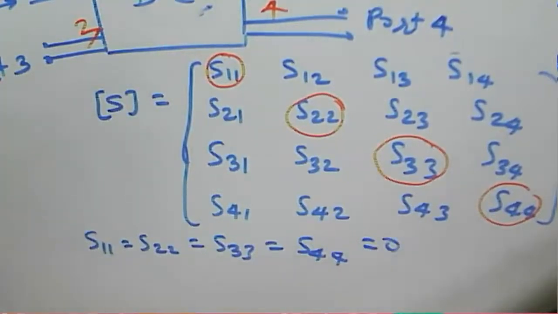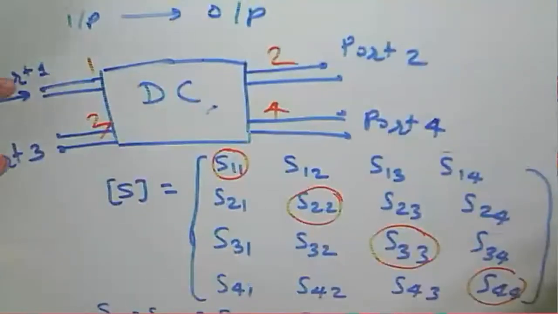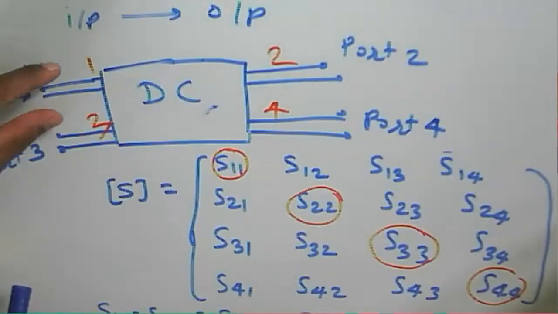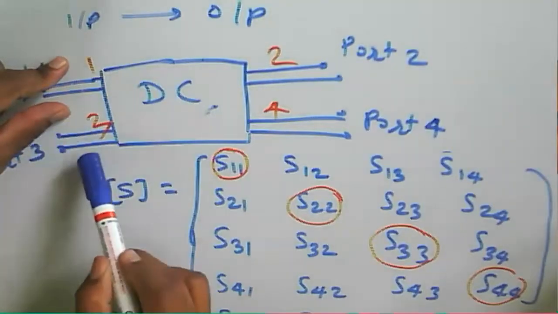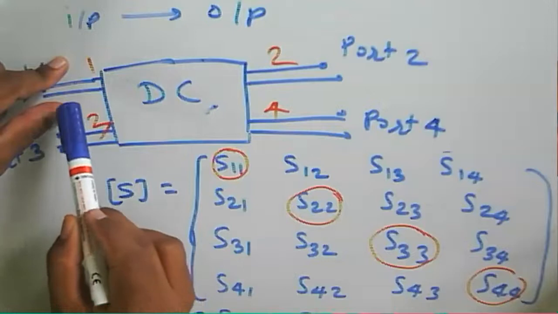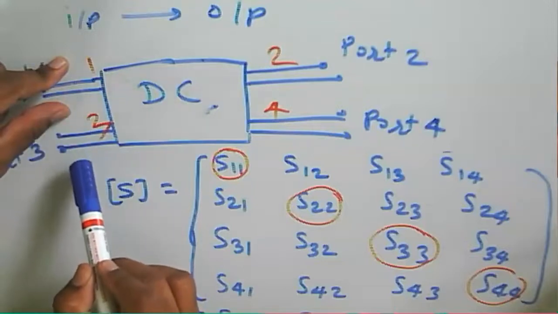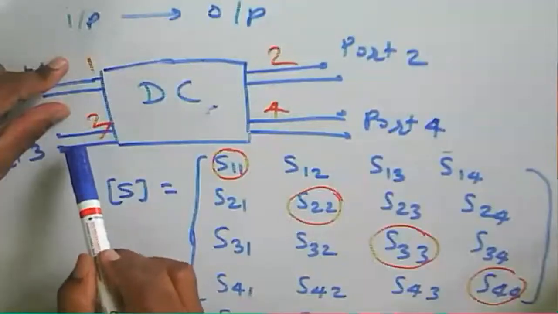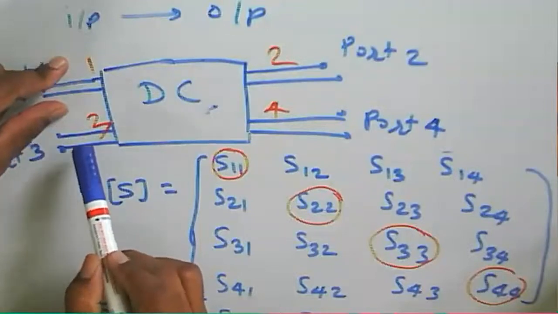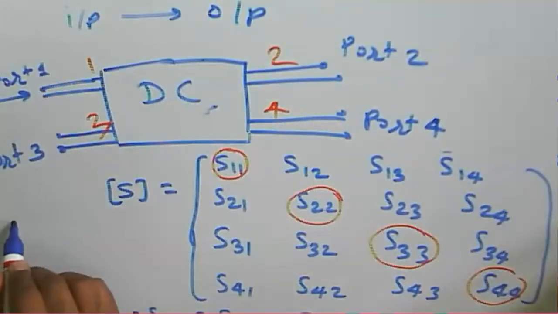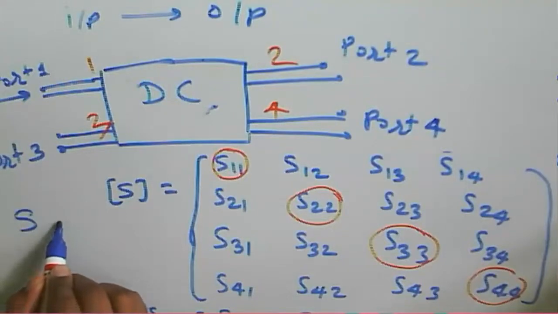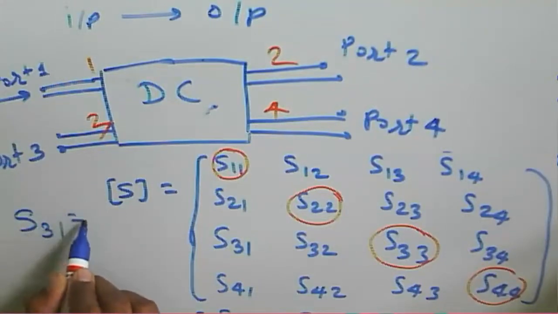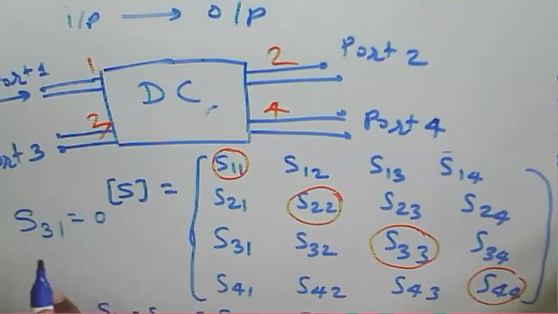Then another condition is that there is no coupling to the adjacent port. When port 1 is the incident one, no power is coupled to port 3, meaning port 1 and port 3 are isolated. If we provide the input to port 1, there is no output at port 3; it will be 0.